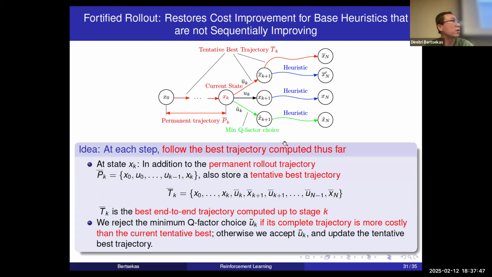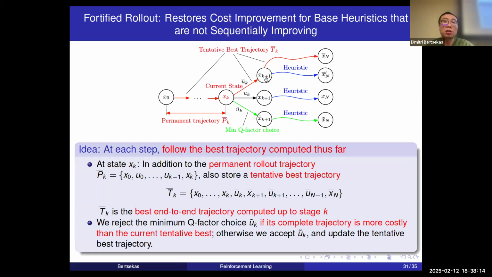On the other hand, if you are sure that the base heuristic you apply satisfies the sequential improvement condition, then this is not necessary. In particular, if your base heuristic is a policy in the sense of dynamic programming, only relying on the current state, then it's always sequentially improving, then it's not necessary.